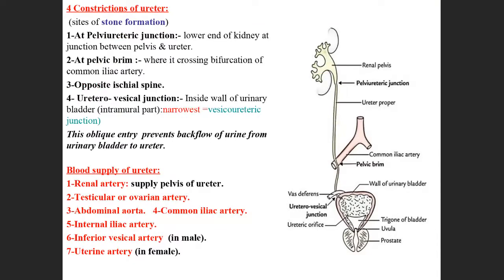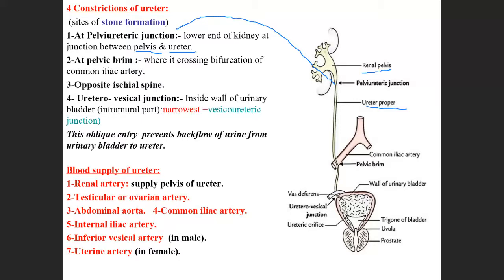Constrictions mean small junctions. The first constriction is at the pelviureteric junction, at the junction of the renal pelvis and the ureter proper, the lower end of the kidney, between the pelvis and the ureter. Which pelvis? The renal pelvis.